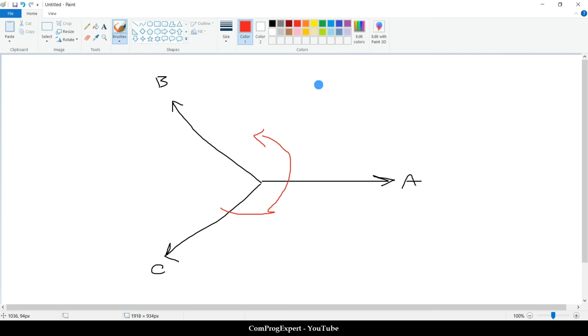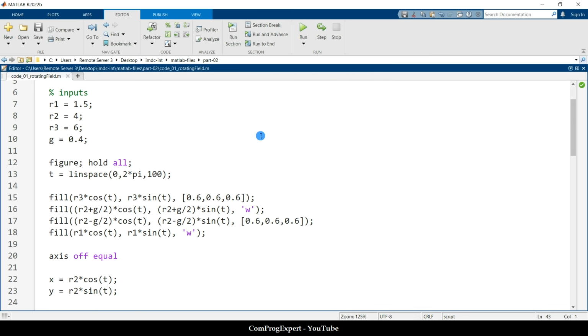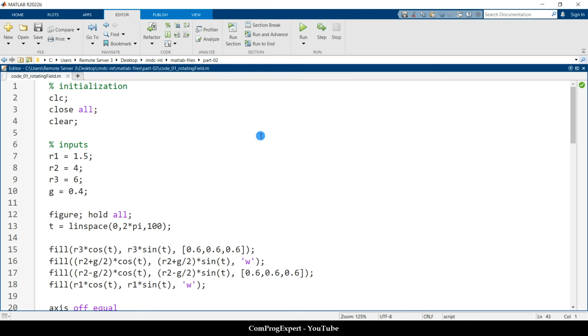But you know that we can write the air gap field generated by the stator winding as the B generated by the phase A plus the B generated by the phase B plus the B generated by the phase C. How can we visualize this? I can use this method. I want to visualize these two animations on the same figure.